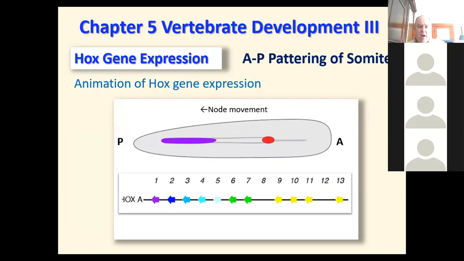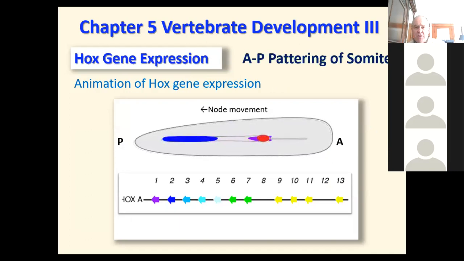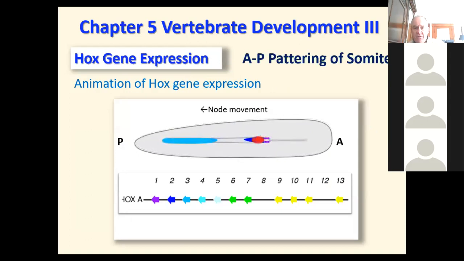Okay, node going back, Hox1 being expressed. First somite gets laid down, Hox gene 1 is expressed in that somite. Here comes number 2, so really 1 and 2, that gets put into a somite. 3 coming through, and then 4, and then all the way through 13.